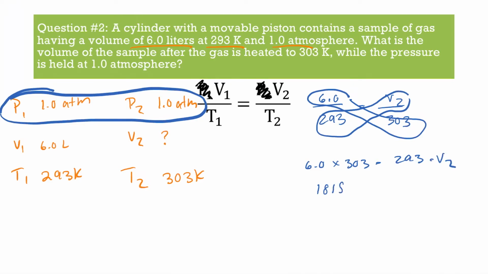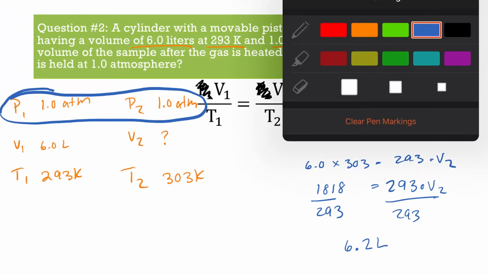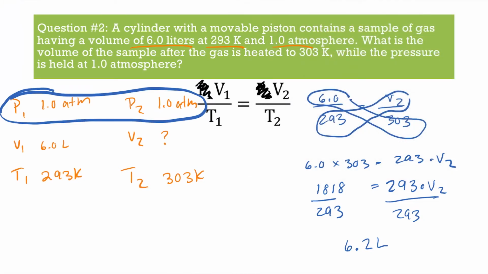And so 6 times 303 is 1818, and 293 times V2 is 293 times V2. Again, to get V2 by itself, divide both sides by 293, and then out pops the number 6.2 liters. And again, we know the answer is liters because our starting volume unit is liters, so our ending volume unit should be liters. And there we go.